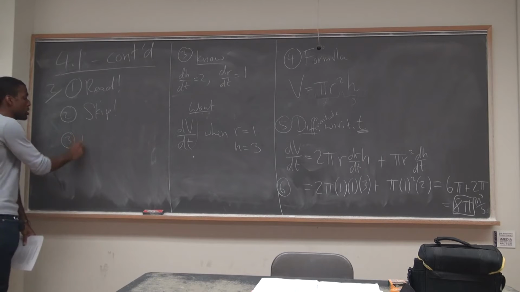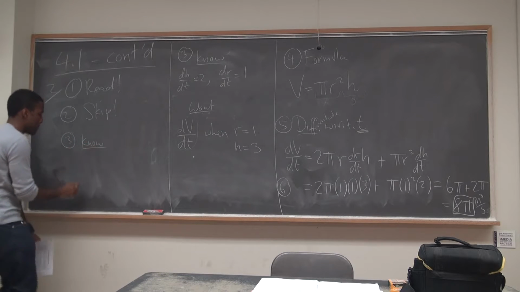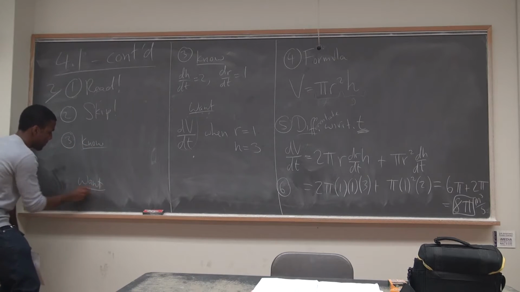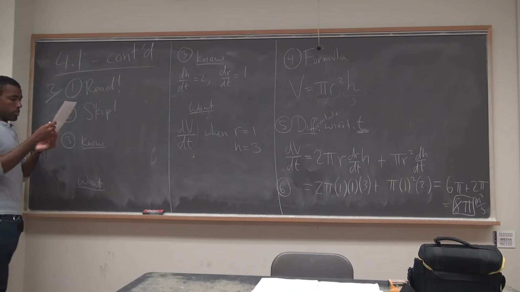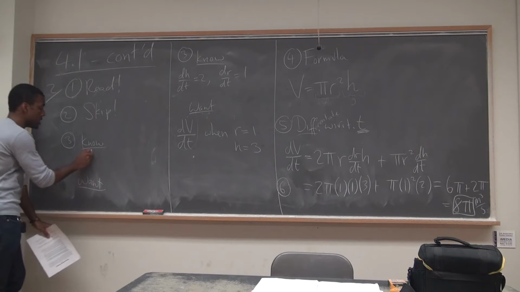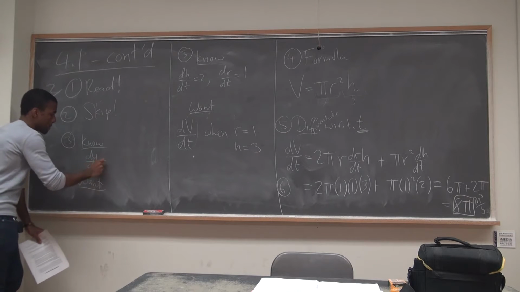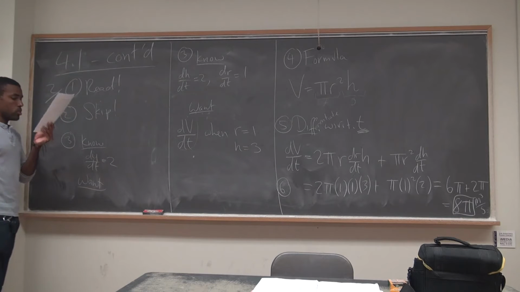Step 3, what do I know? What do I want to find? It says its y coordinate is increasing at a rate of 2, so I know my dy/dt, and it's increasing at a rate of 2.